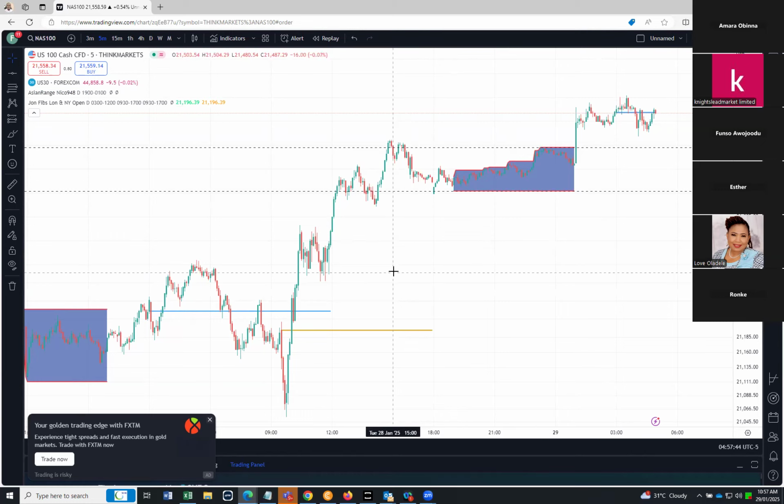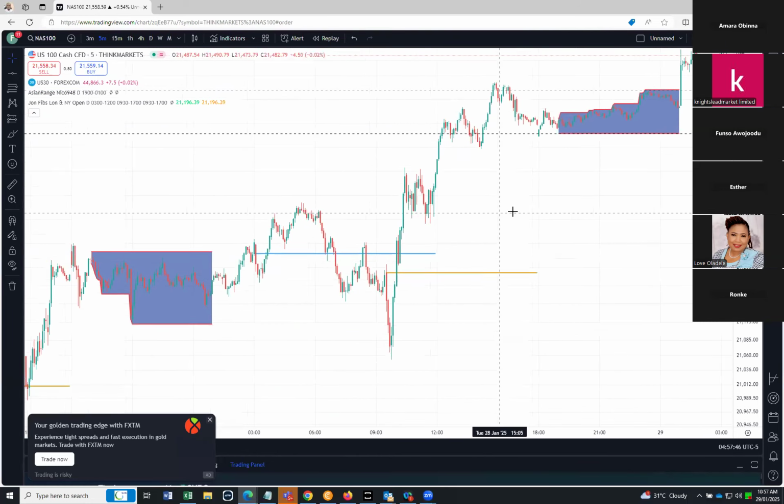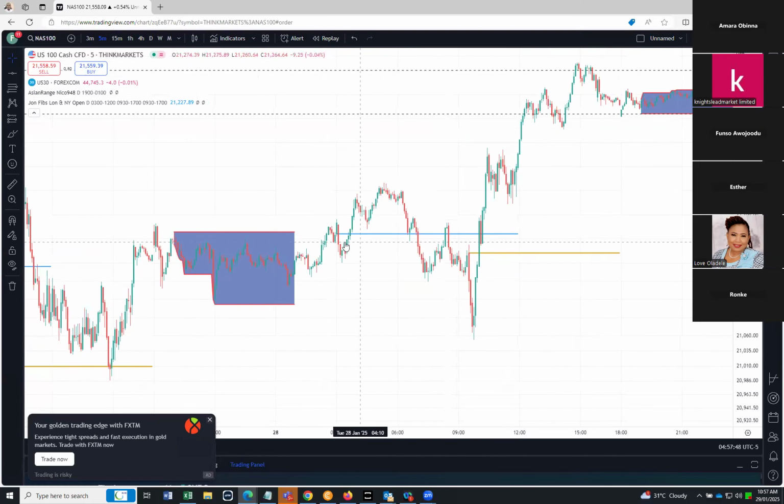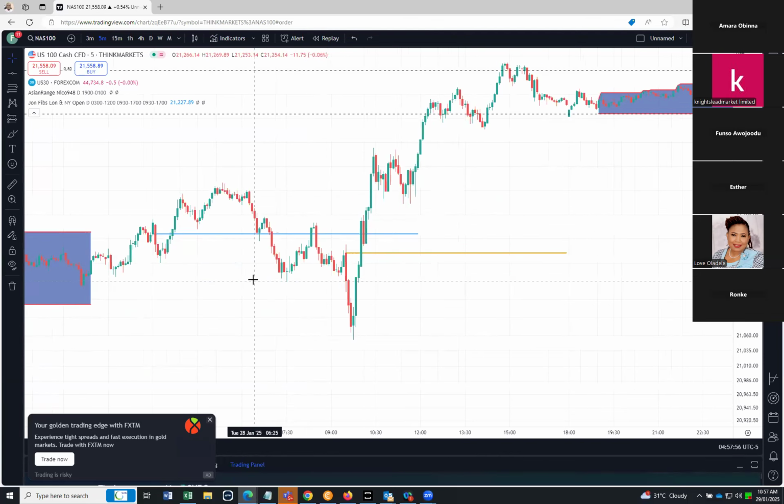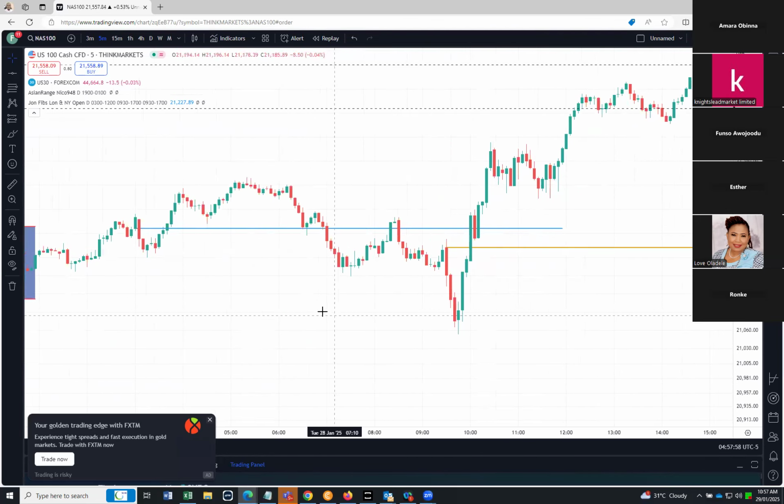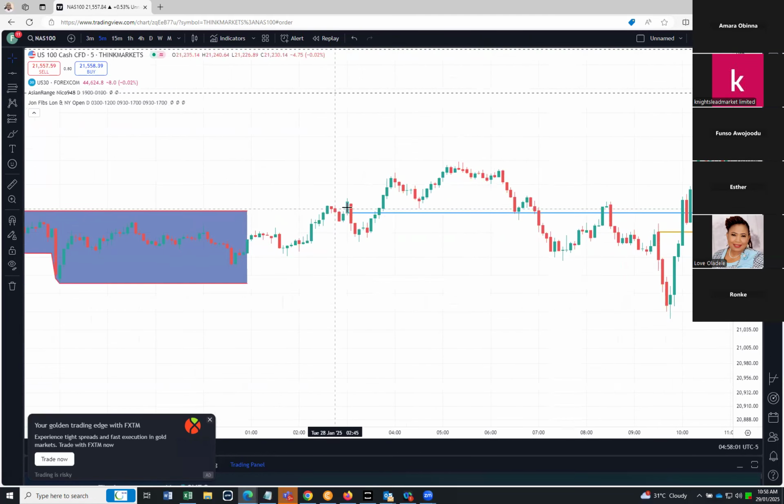So if you go to yesterday, look at this. This was the first candle yesterday that broke. Let me enlarge this. This is the first candle that broke above the range.